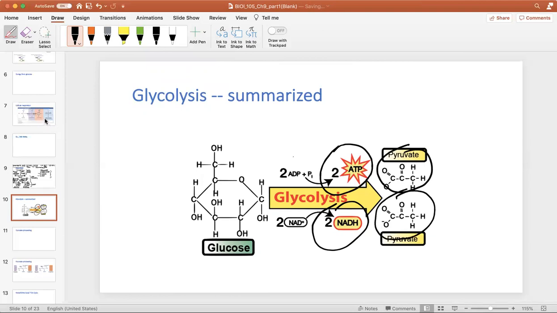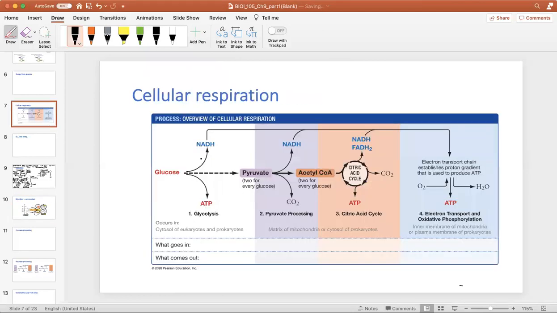And if we go up here to this slide from your last lecture, here's where we are on our roadmap. We've gone all the way through here, and we have these 2 pyruvate molecules that each have 3 carbons on them. So what's going to happen next is that pyruvate is going to enter the mitochondria. All of this was in the cytosol, okay?